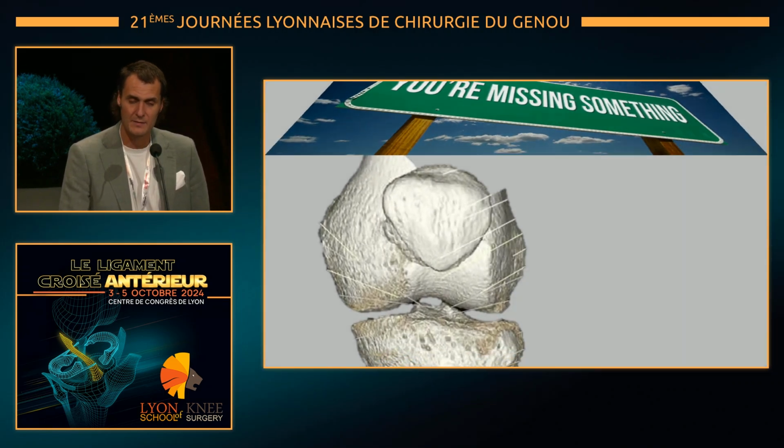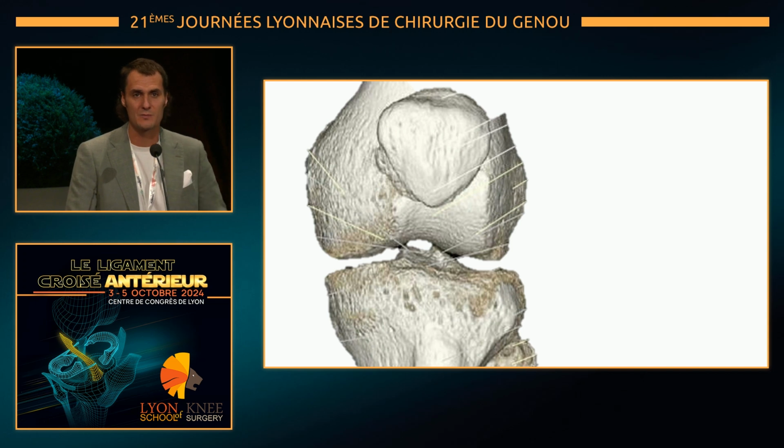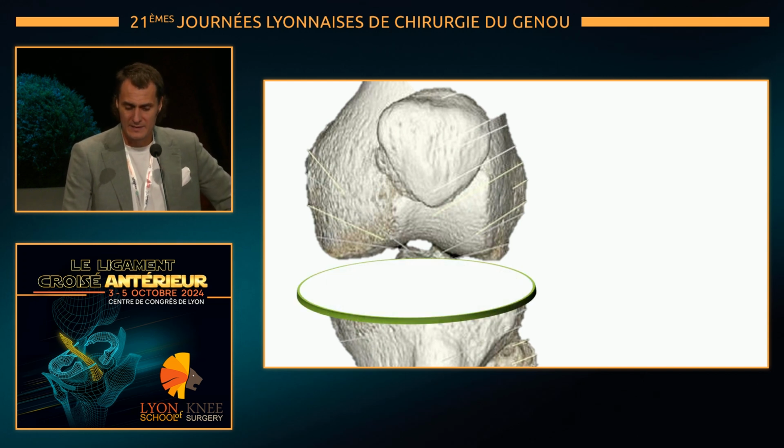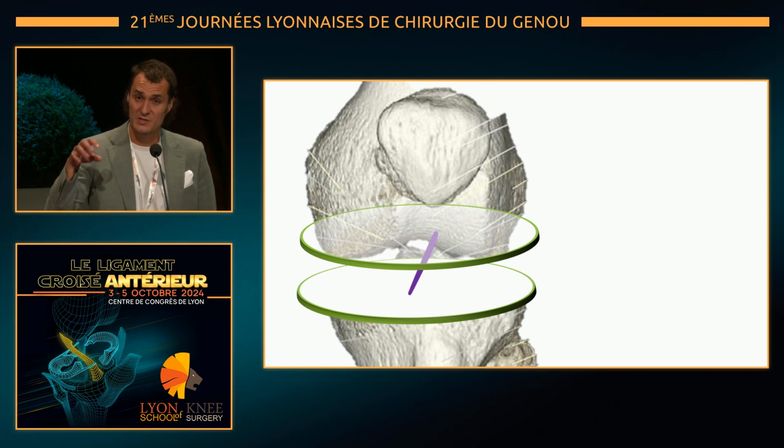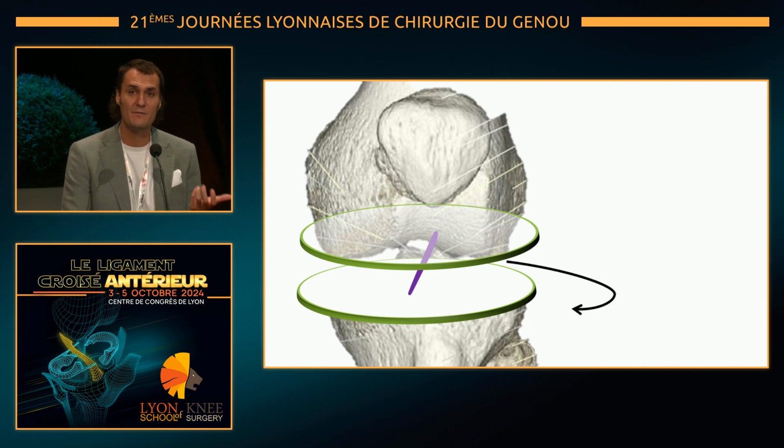Thinking about this rotational aspect in the human knee, it is actually not very logical that the ACL, which sits in the middle of this knee with these two rotating planes, can really prevent internal rotation of the tibia relative to the femur.